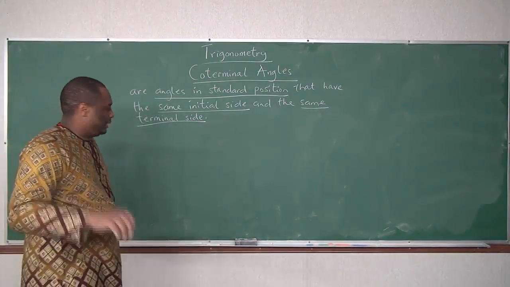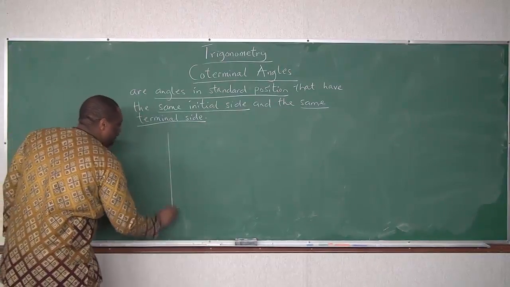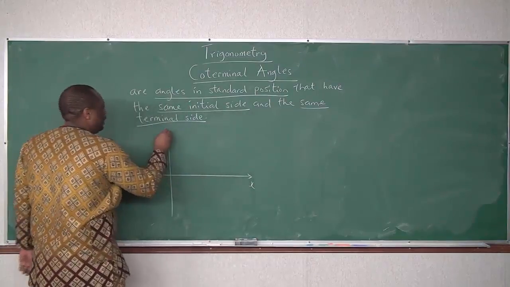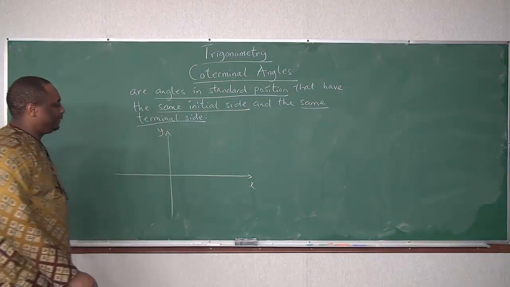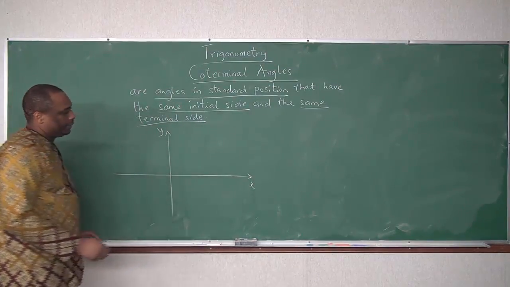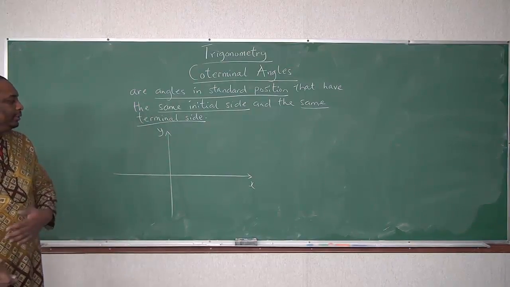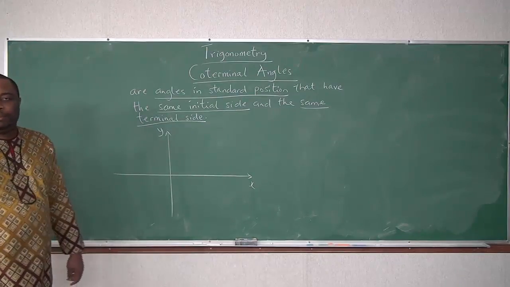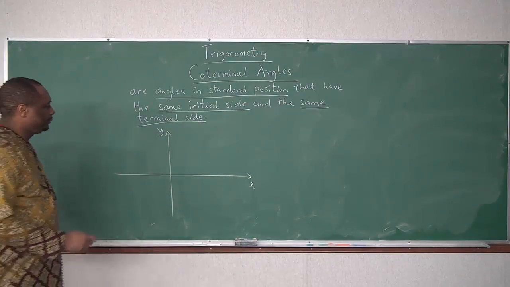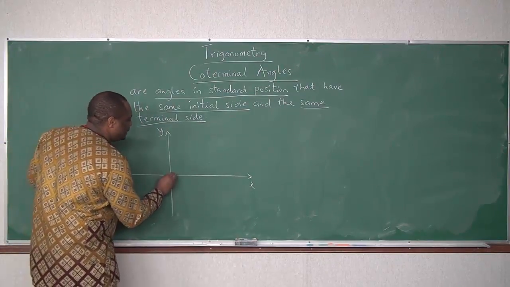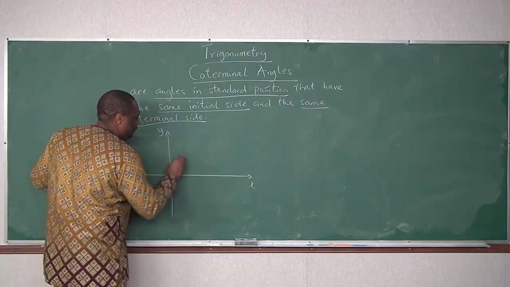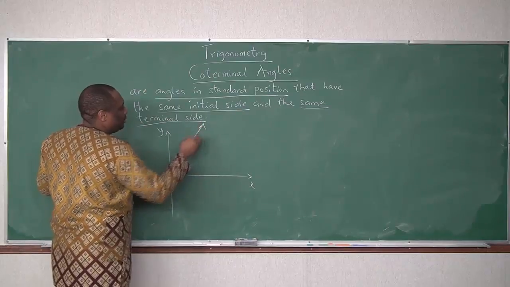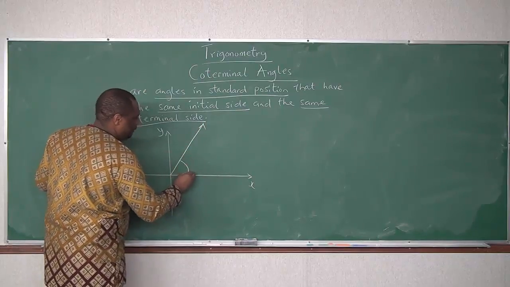Let's see what we're talking about. When we have the circle in a coordinate plane, like we mentioned in the previous video, let's say we have this angle, let's call this alpha.